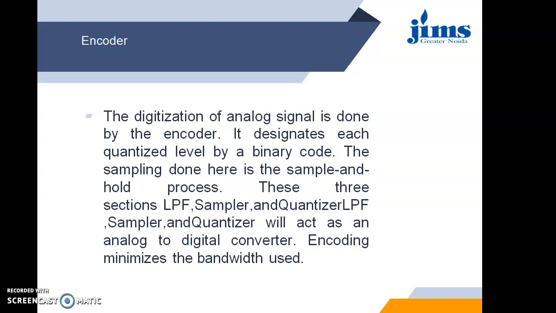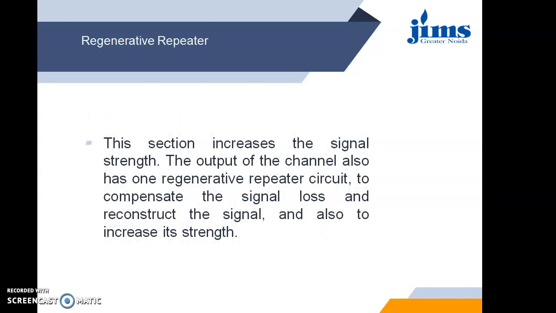Encoder. After the quantizer, the next block is the encoder. The digitization of the analog signal is done by the encoder. It designates each quantized level by a binary code. The sampling done here is the sample and hold process. These three sections, low pass filter, sampler and quantizer, act as an analog to digital converter. The regenerative repeater in the channel path also regenerates the signal to compensate for the losses or errors in the signal.